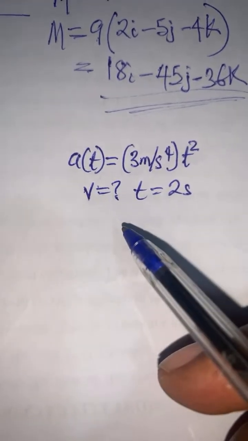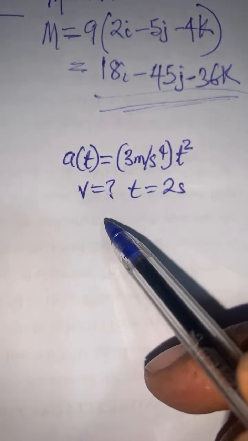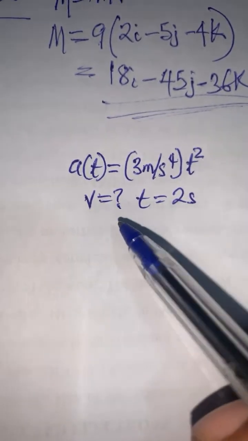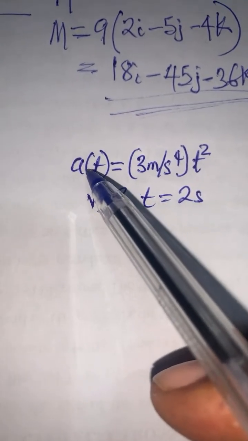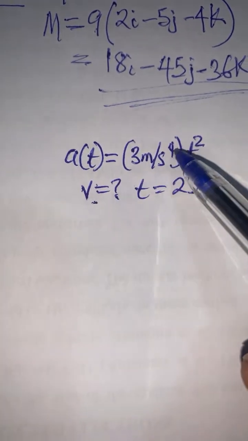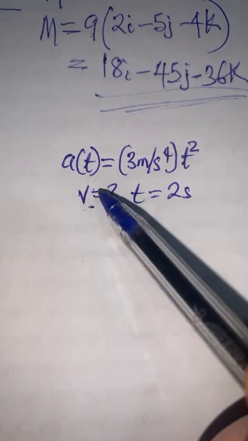Okay, let's solve this problem right away. So what do we need to do? The first thing: since we're asked to find velocity, meanwhile what we are given here is acceleration, it means that we need to do something.